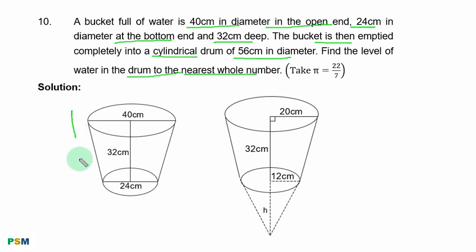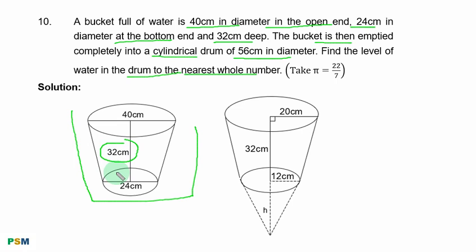Solution: you have the bucket in this form. It is a frustrum. The diameter in the open end is 40 cm, bottom end 24 cm. The depth or the height is 32 cm.